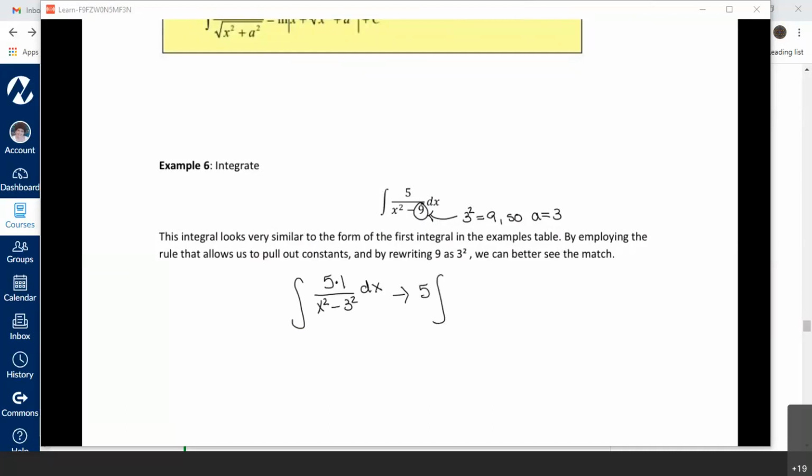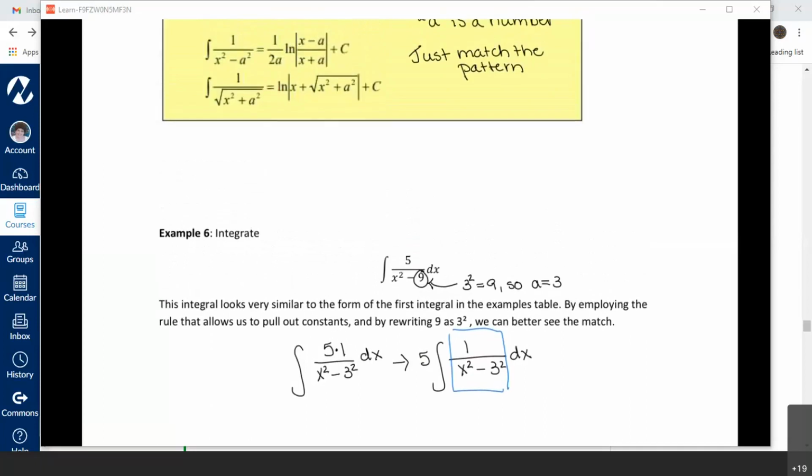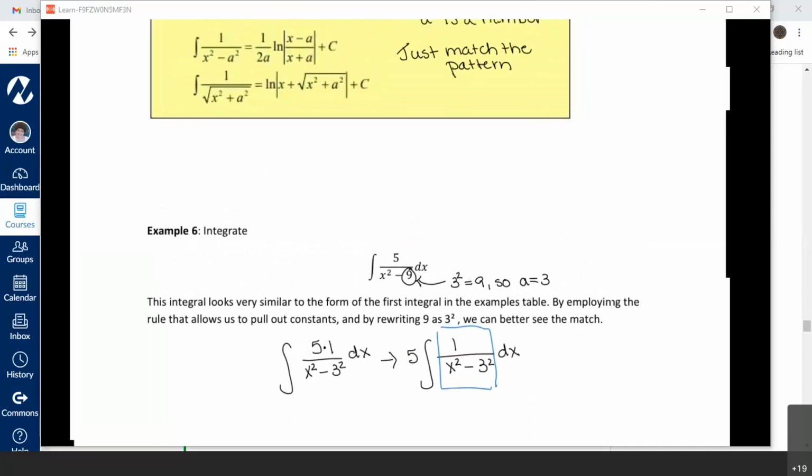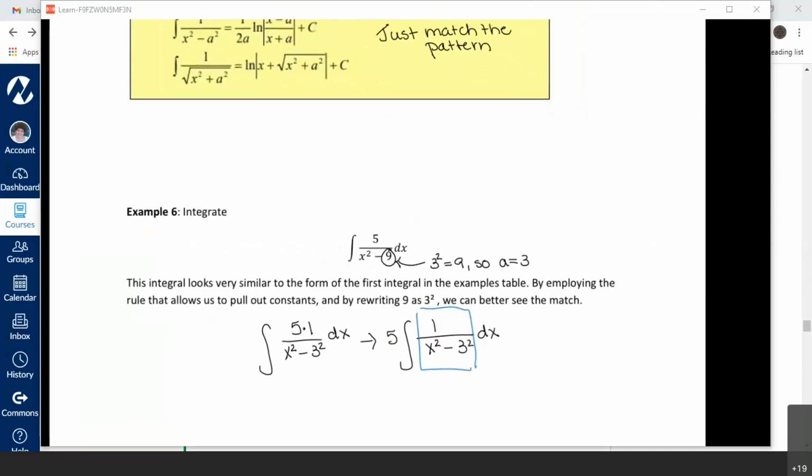So 5 comes through, and now this is 1 over x squared minus 3 squared dx. Why did I do that? Because now I have an exact match to the pattern in the table. So just so we're clear, A equals 3 here.